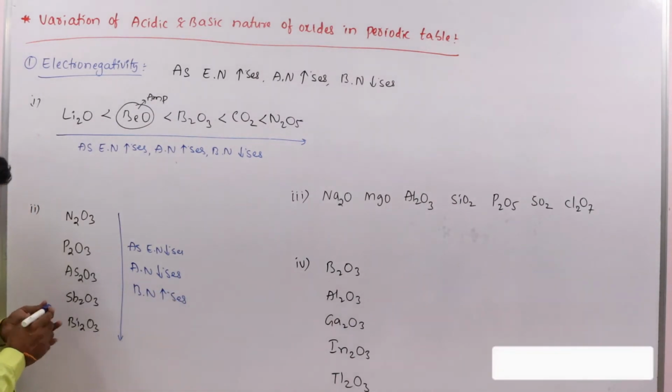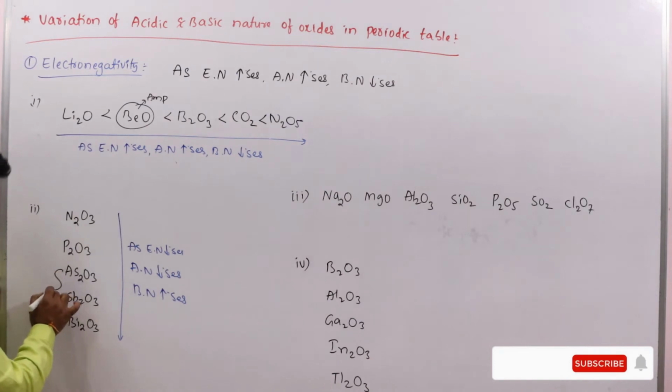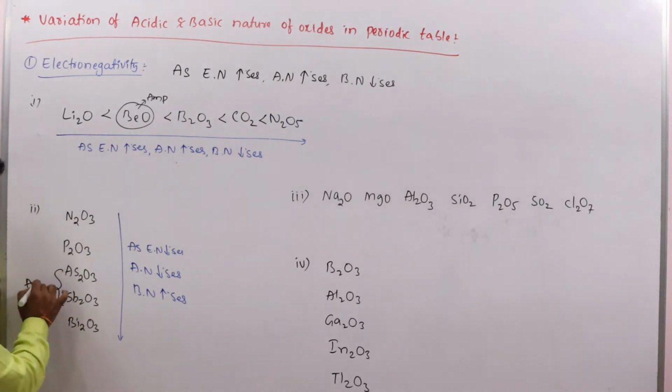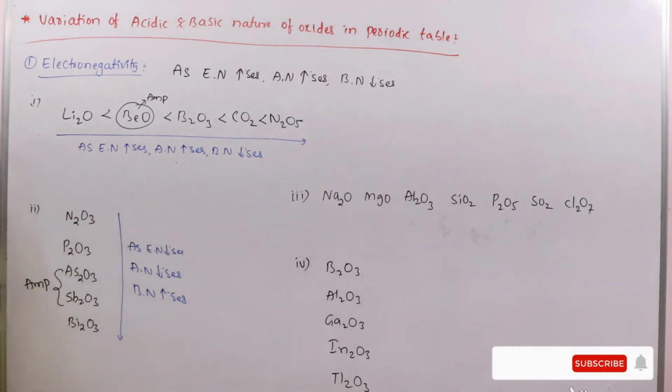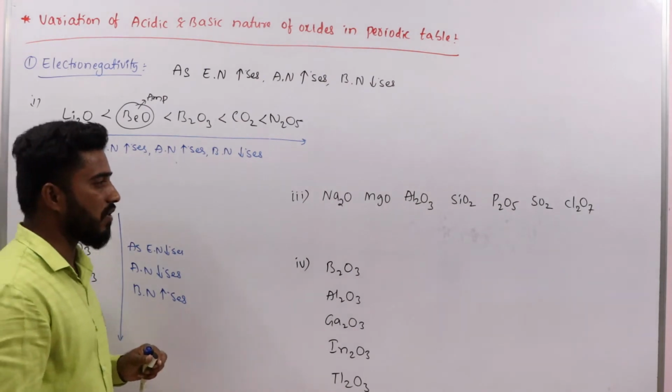We already know that arsenic and antimony oxides are amphoteric in nature. The first two are acidic oxides, and Bi2O3 has weak basic nature because the metallic character is more there.